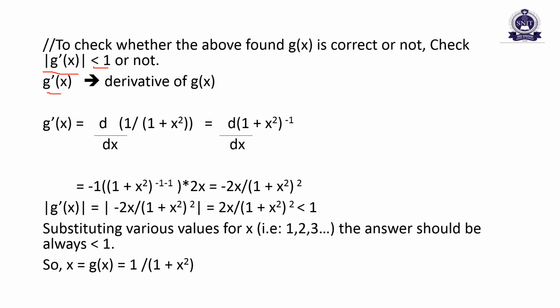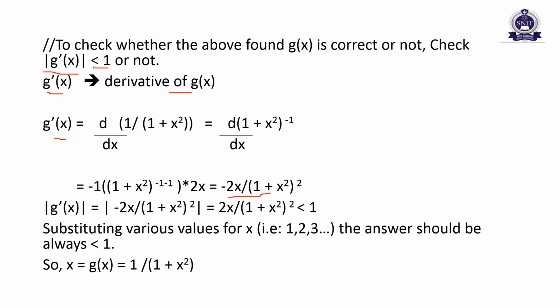So g dash of x is the derivative of g(x). G dash of x is equal to the derivative of 1 by 1 plus x square, that is d by dx of 1 by 1 plus x square. As you know how to find the derivative, you will get minus 2x by (1 plus x square) the whole square.